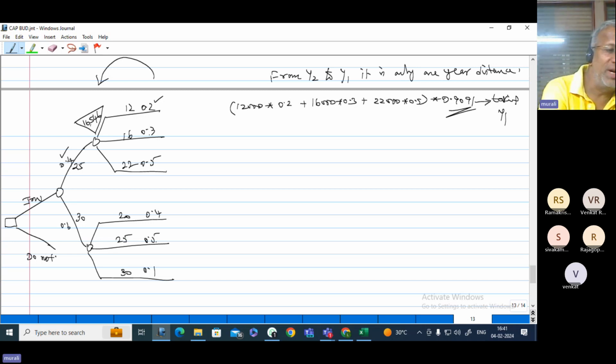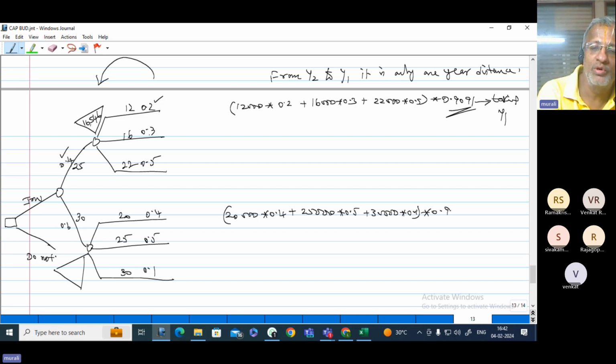Similarly, why don't you try this and get me the number here? Please do that for the second year to year number 1, where it is 20,000 into 0.4 plus 25,000 into 0.5 plus 30,000 into 0.1, the whole multiplied by 0.9091. 21,364.